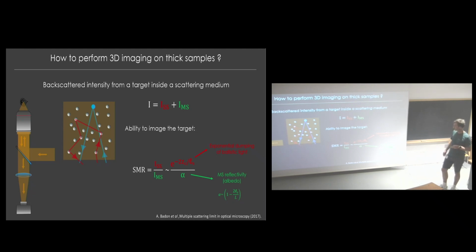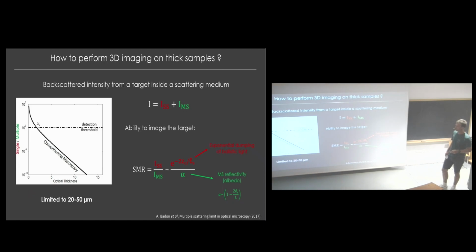The multiple scattering is characterized by its albedo, or multiple scattering reflectivity. And this is governed by the scattering mean free path divided by the depth of your sample, or the thickness of your medium. So basically, this is exponential, this is linear.